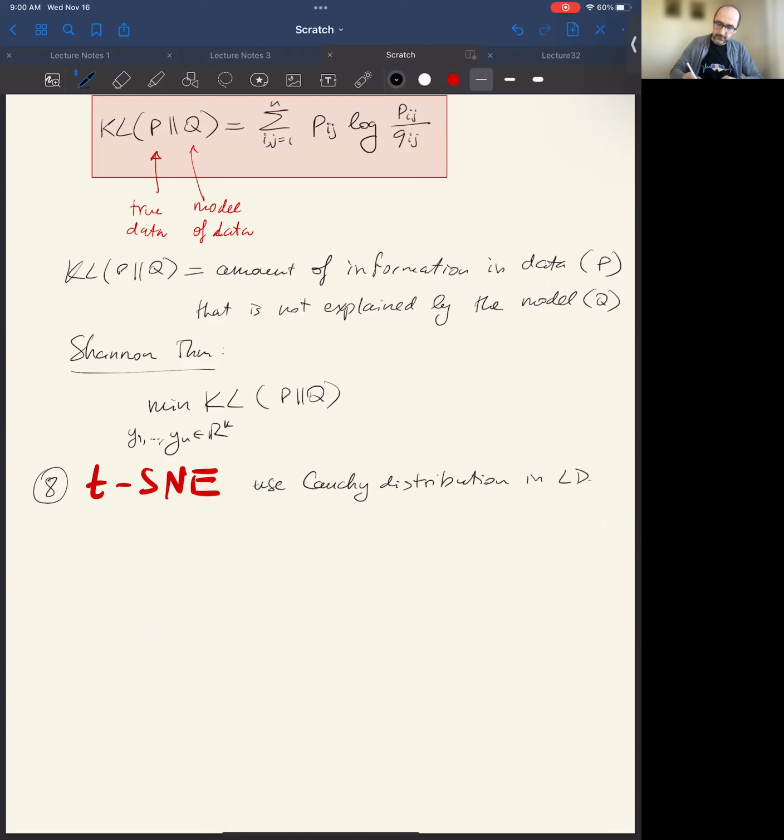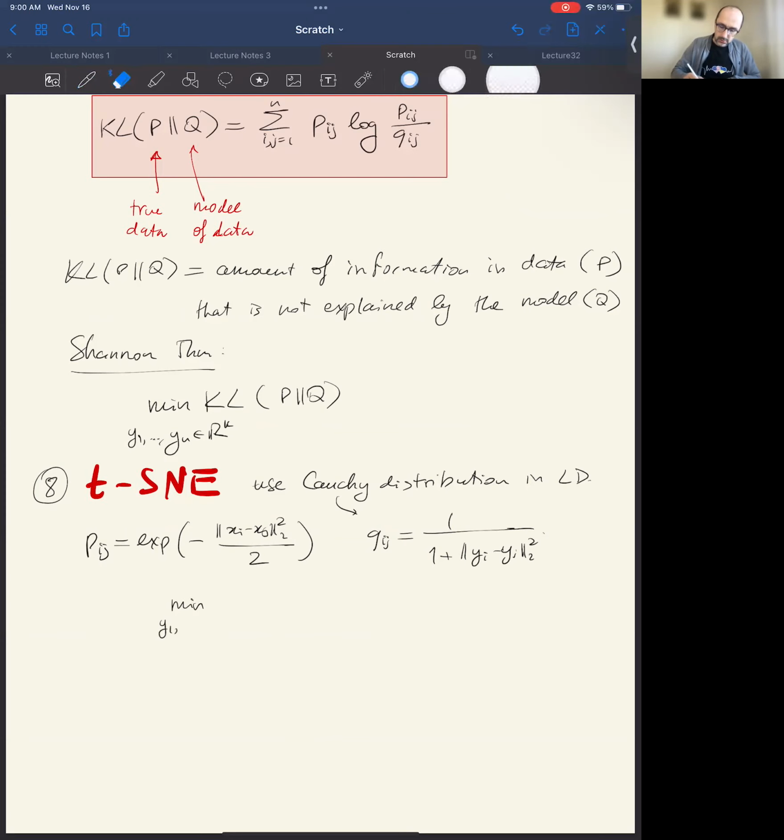in low dimensions. So Pij will be as before, they're Gaussian. But Qij's will be Cauchy, and Cauchy is this distribution, yi minus yj squared. And then we just minimize, just as before. Just minimize, find the best configuration of low-dimensional points in Rk.